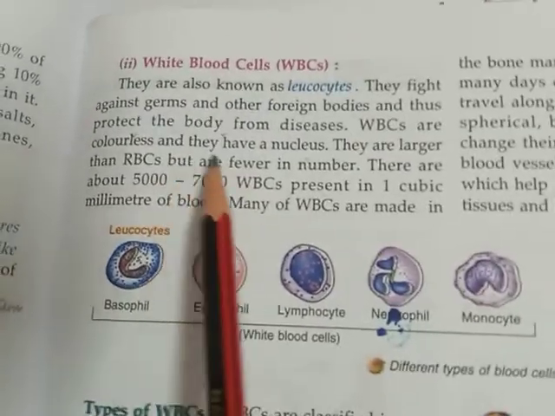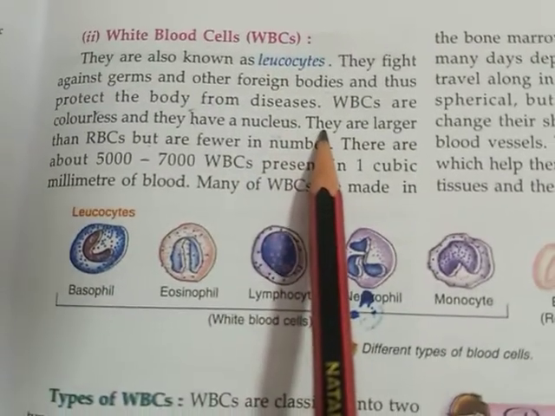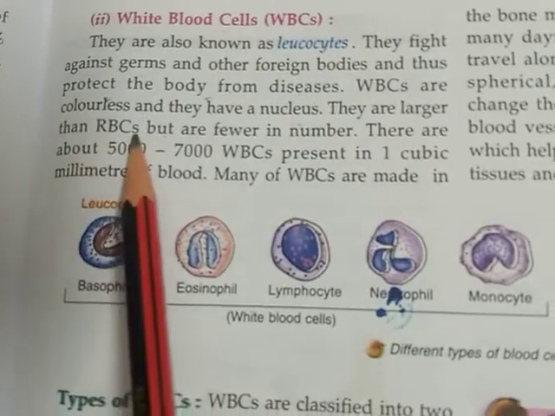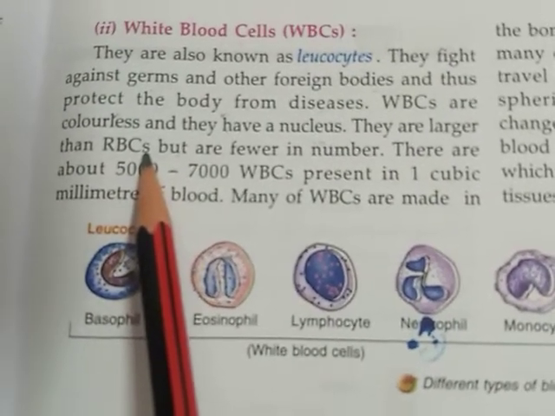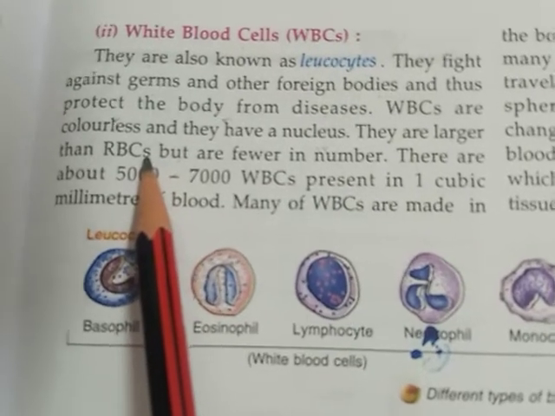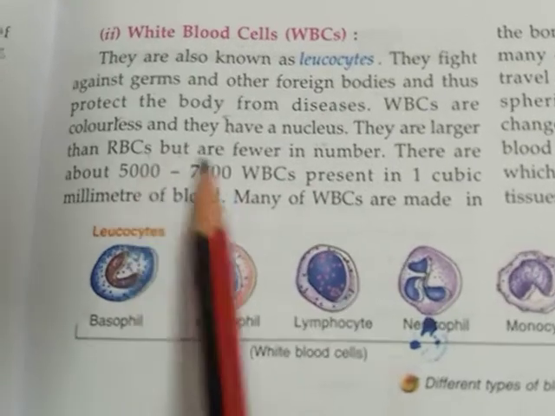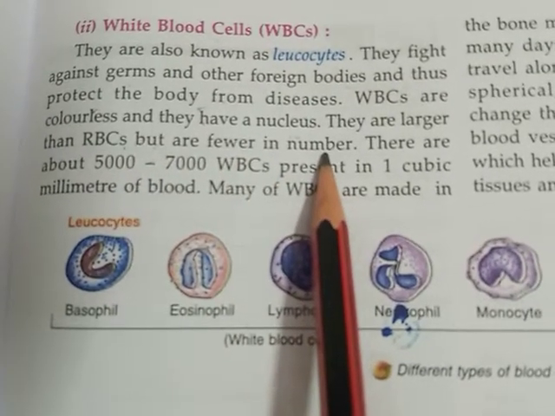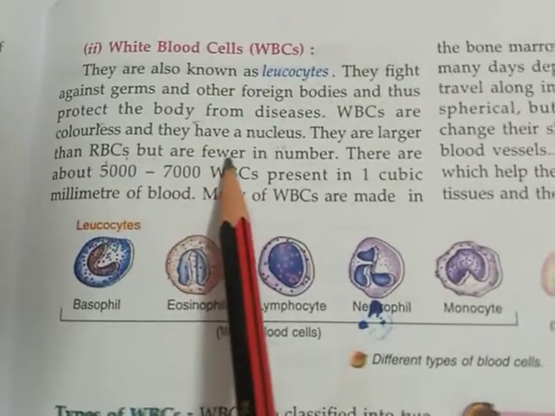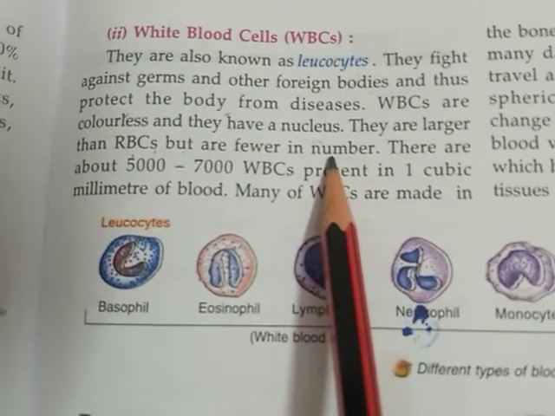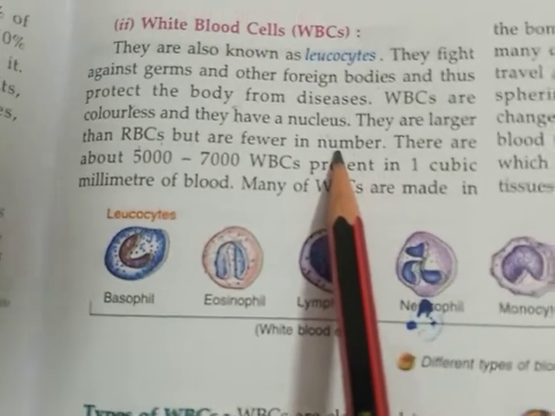But here, children, these white blood cells have a nucleus. They are larger than RBCs. If we compare them, WBCs are larger in size than the RBCs, but are fewer in number. RBCs are more in number than the WBCs, but if we compare their size, WBCs are larger than the RBCs.